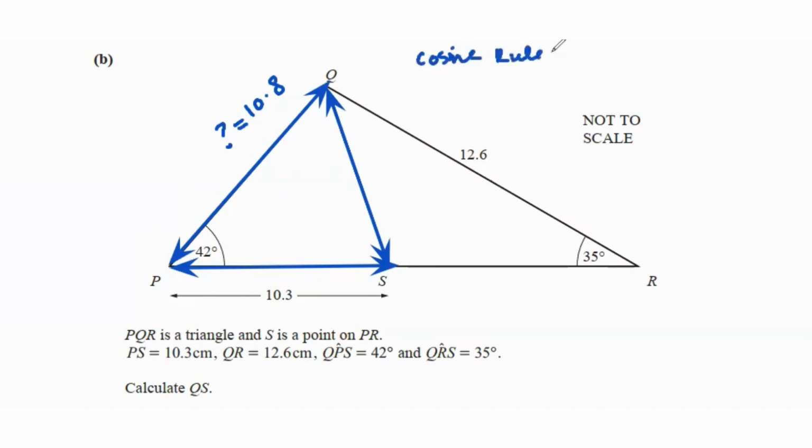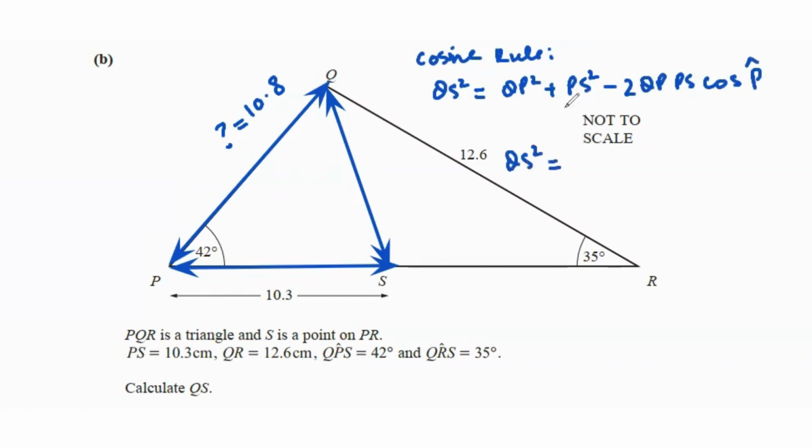So for the cosine rule, we have QS square equals QP square plus PS square minus 2 times QP times PS times cos of angle P. So that's going to be 10.8 square plus 10.3 square minus 2 times 10.8 times 10.3 times cos of 42.